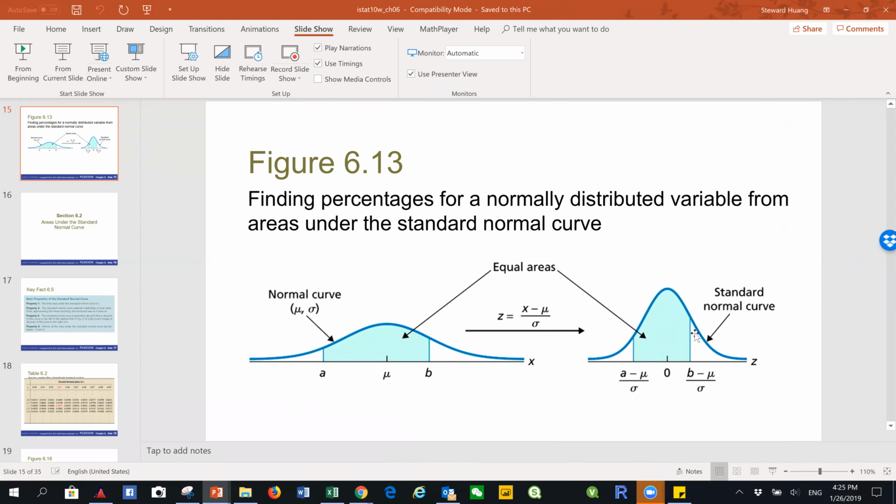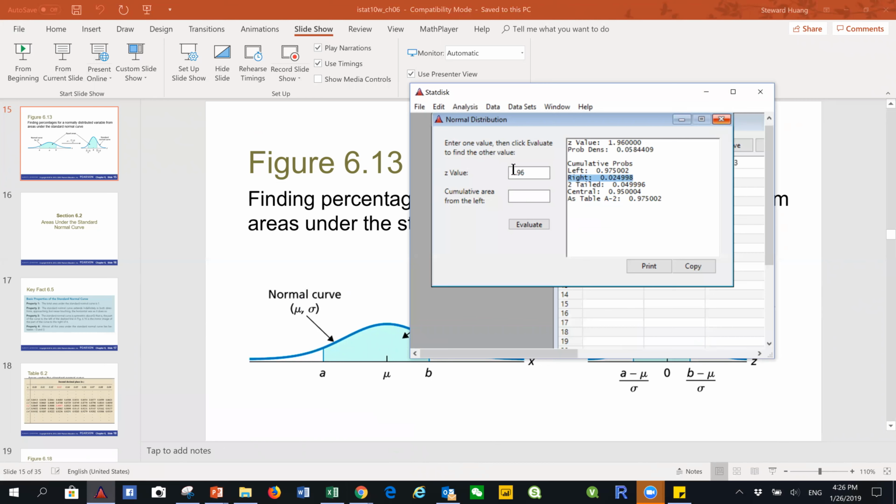What makes it easy is that it's symmetric. So the software can do a very good job for you if you just plug in, for example, 1. It tells you the central area, because it's symmetric.